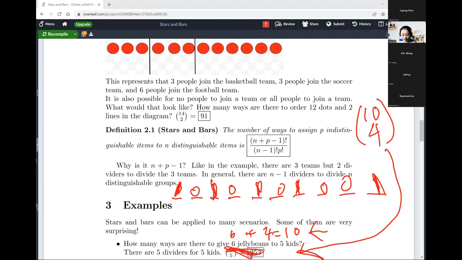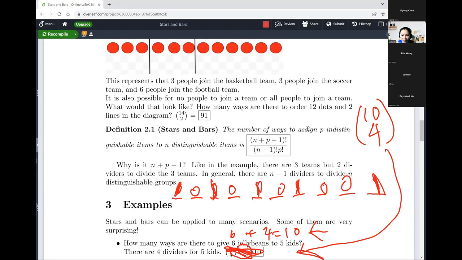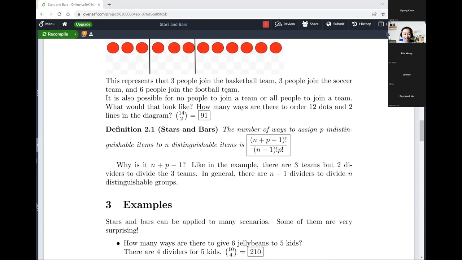Our answer is 10 choose 4, which is 210.